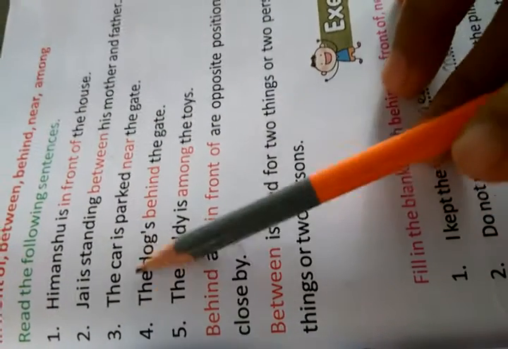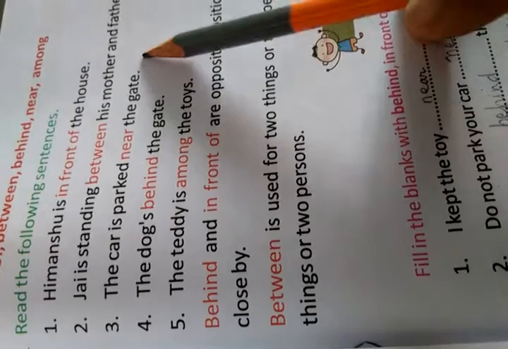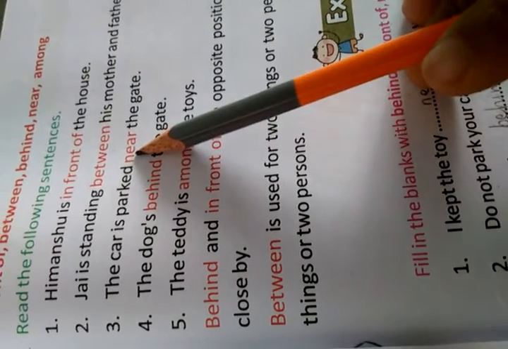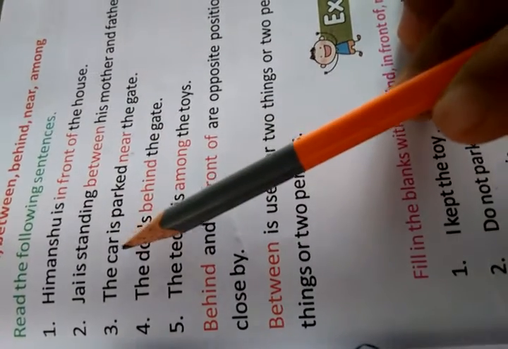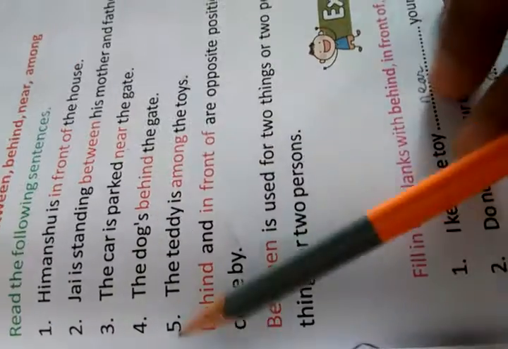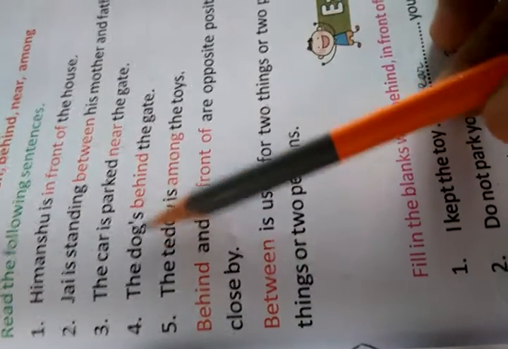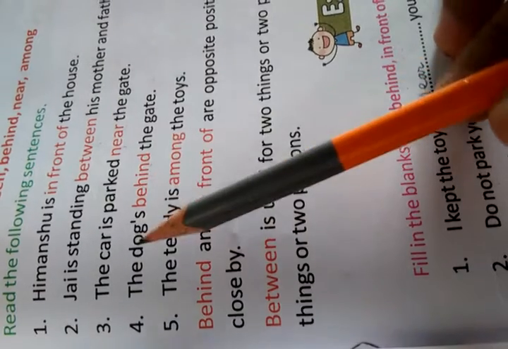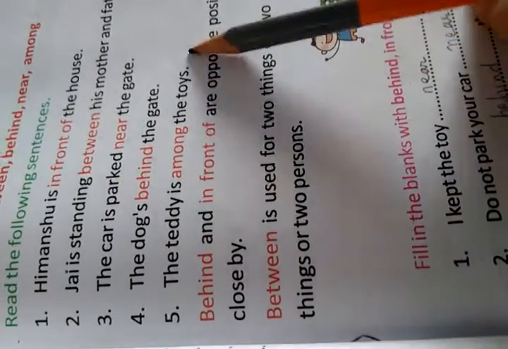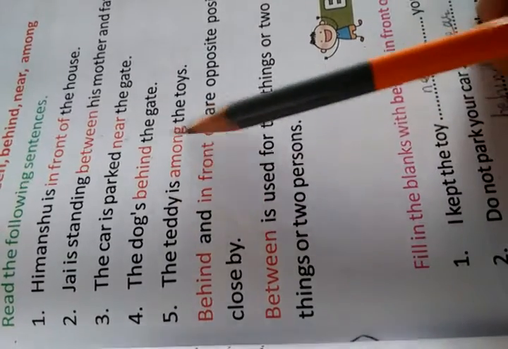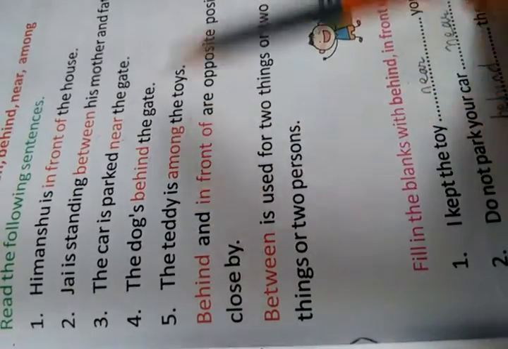Okay. Number 3, the car is parked near the gate. Near is the preposition, so this shows relation between car and the gate. Number 4, the dog is behind the gate. This preposition shows the relation between dog and the gate. Number 5, the teddy is among the toys. Among preposition shows the relation between teddy and the toys.